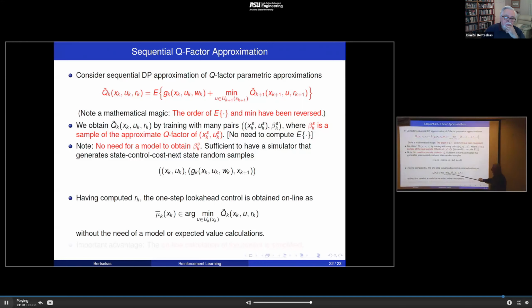For every possible control, you have your approximation architecture generate a value, and you pick the control that is minimum. No model needed again for this. The neural network or the approximation architecture generates these Q values, and you do just a minimization, either by brute force or in some other way, perhaps involving some optimization.